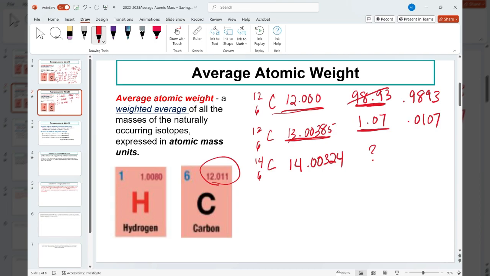So 12 times 0.9893 is going to give us 11.8716, and 13.00385 times 0.0107 is going to give us 0.13914. I'm just going to add those together.